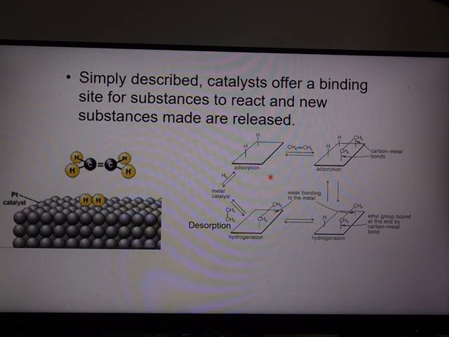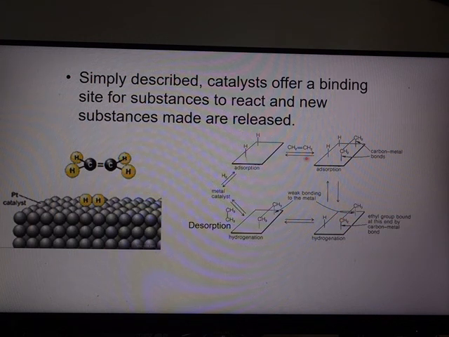From the little diagram, you can see that hydrogen adsorbs, so it sticks to the surface. It's not absorbed, it's added to the surface. So unlike your kitchen towel that soaks up liquid, where the liquid is absorbed, here the hydrogen and the ethene stick to the surface, and that's when the chemical reaction happens.